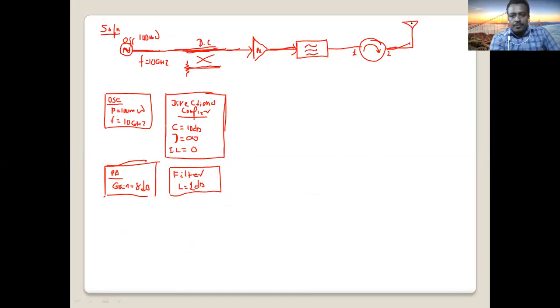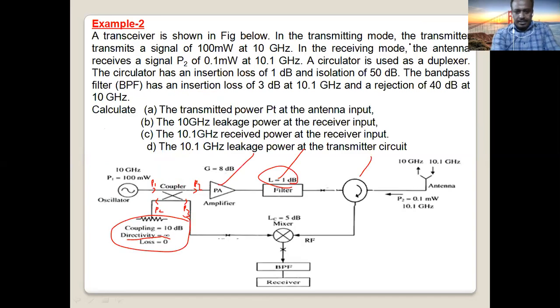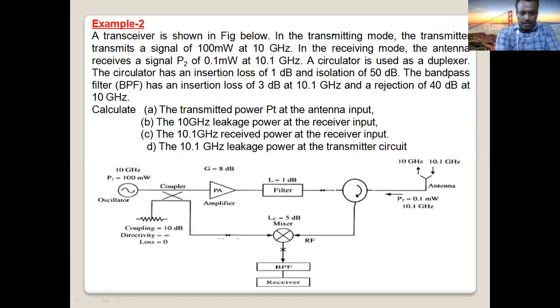This is the transmitter section of the system. This is a transceiver. As you can see here, we start from the oscillator.